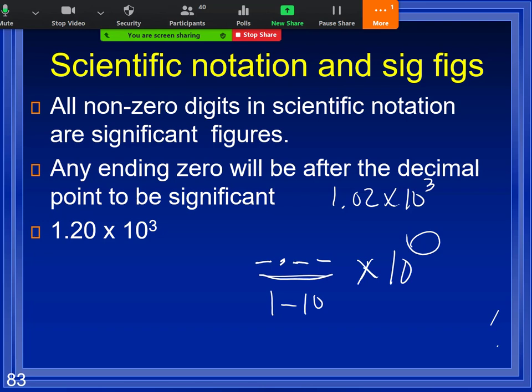Those are the only places that zeros can show up in scientific notation. They can show up at the end, where they count, or in the middle, where they count. So in scientific notation, as long as you got that number between 1 and 10, zeros automatically count. So everything you write down is a sig fig.